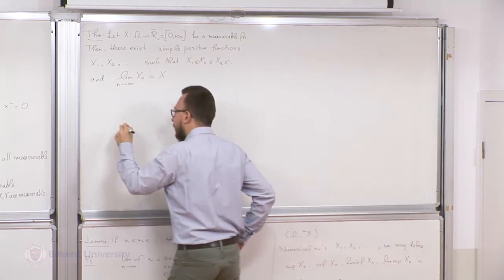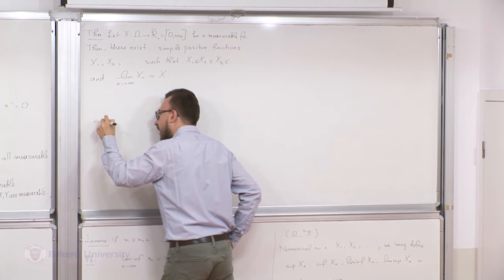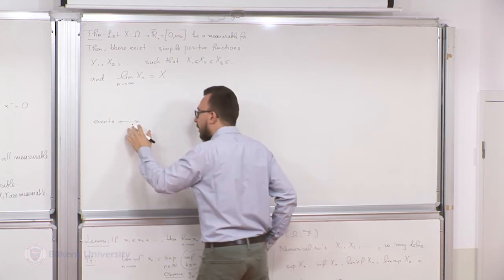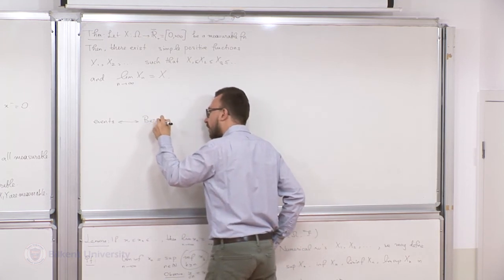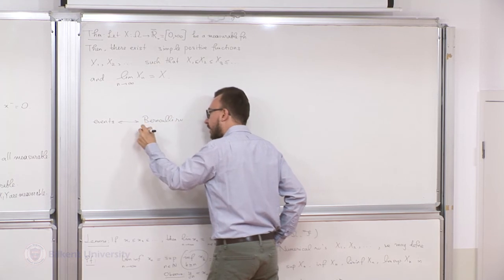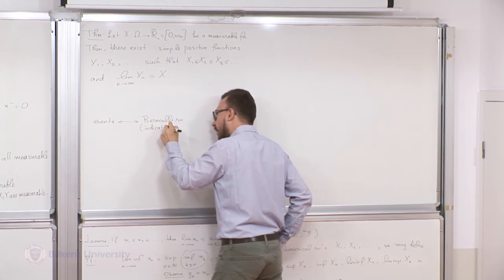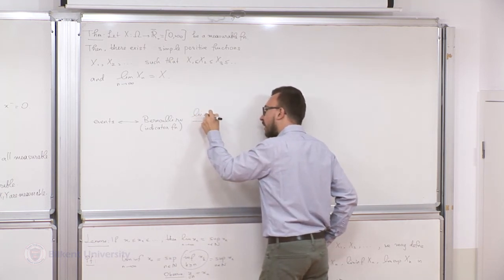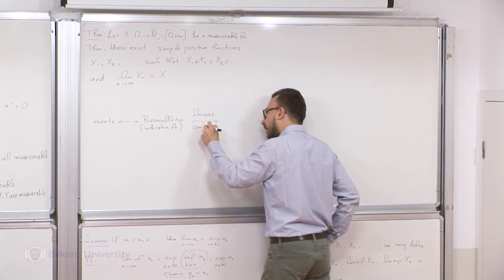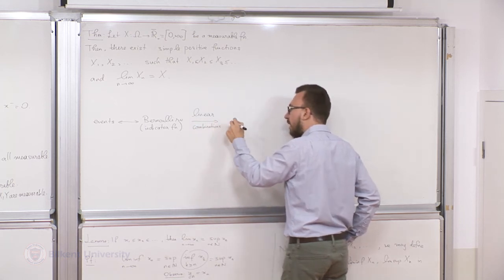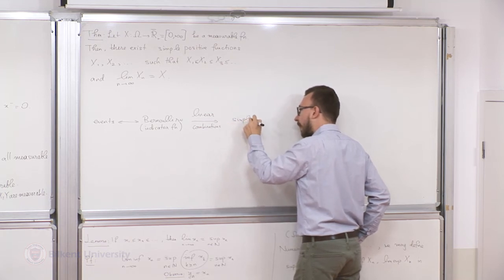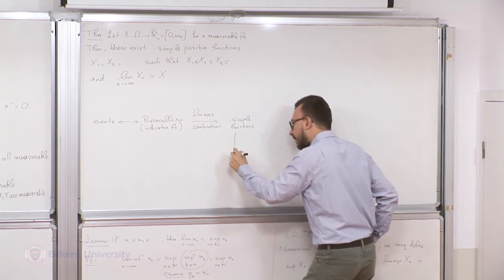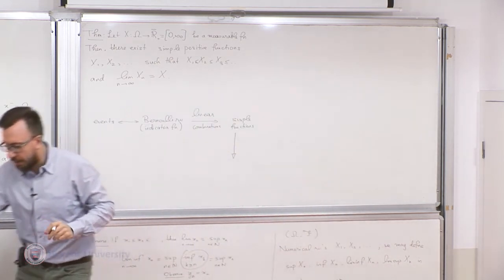So our big picture is that we start with events, but events are in one-to-one relationship with Bernoulli random variables or indicator functions. Then we take linear combinations to get simple functions. So now we take one further step. This is the new step that we are taking now.